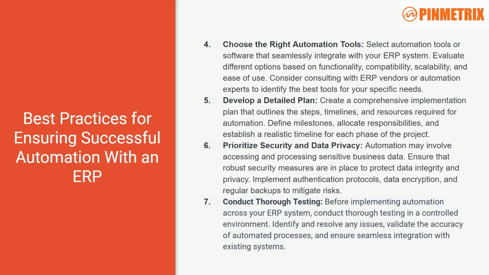Then prioritize security and data privacy, which is very important. At Pinmetrix, we have data privacy. We don't give out data, and we sign a document on that. Automation may involve accessing and processing sensitive business data. Ensure that robust security measures are in place to protect data integrity.